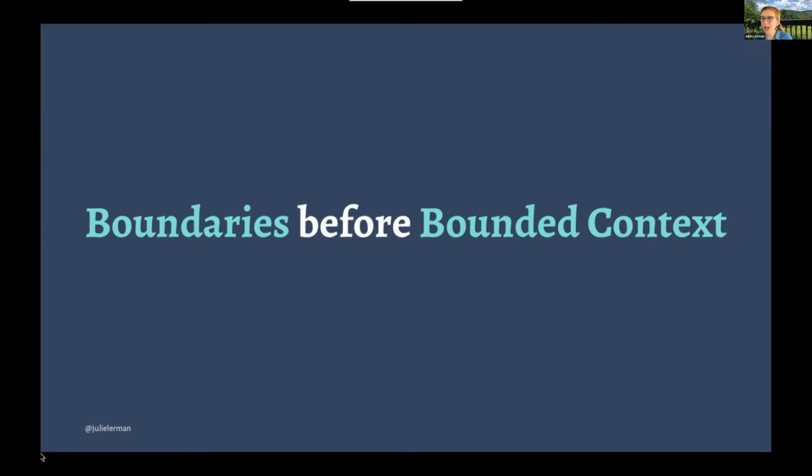So the bounded context is more than just taking a specific problem or set of tightly connected problems and creating a boundary around them. The boundary is just one important facet of the bounded context. So I understood the boundaries, but I did not understand the bounded context.